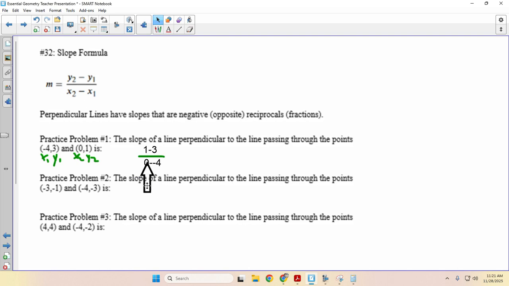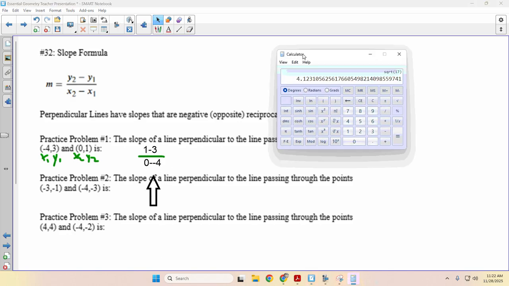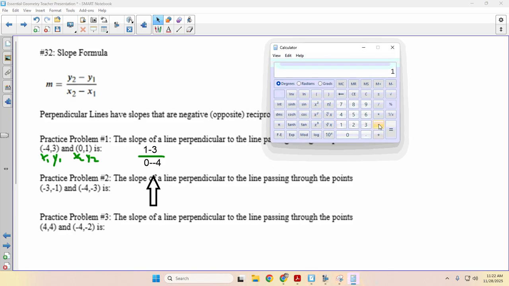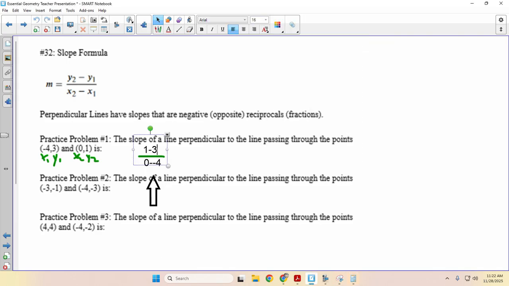And if you don't know that, just put it in your calculator like this and it will be okay. So let's do the top in our calculator. Let me show you. So we go 1 minus 3 equals negative 2.